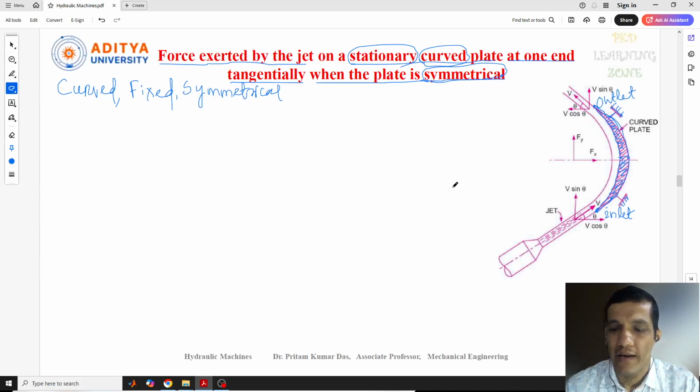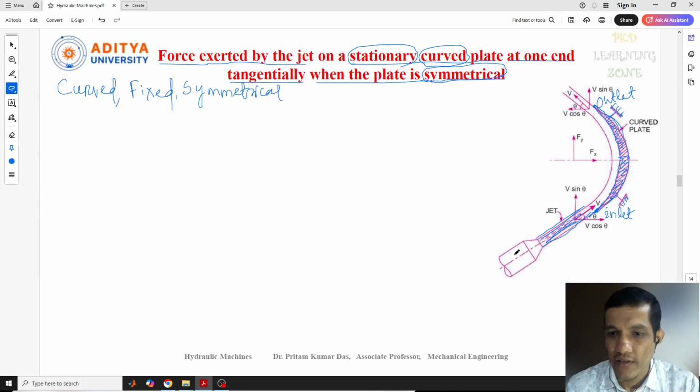The jet of fluid is striking this plate at one end tangentially, not perpendicularly. As I told you, this is one end, this is another.